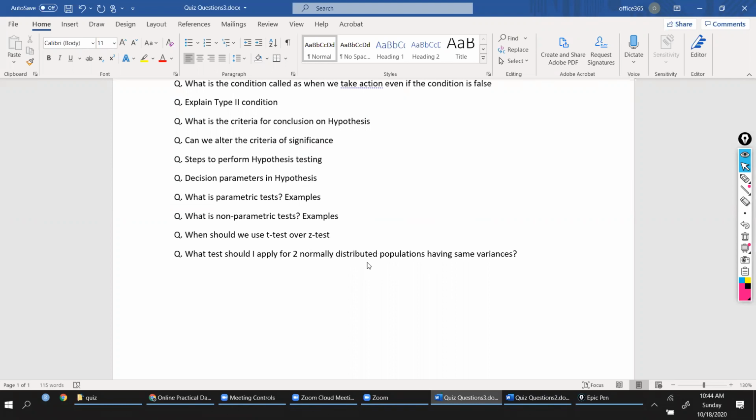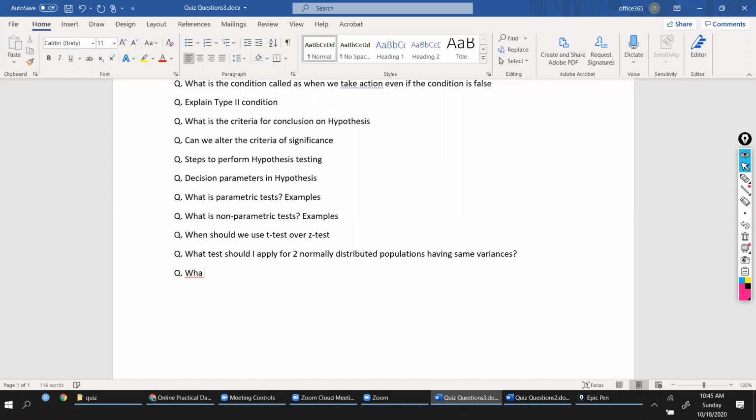So what test should I go with? Two sample t-test. Very good. We go with two sample t-test.